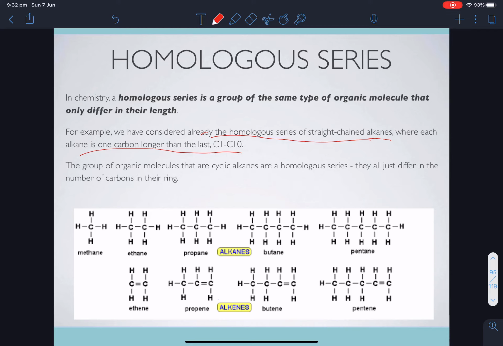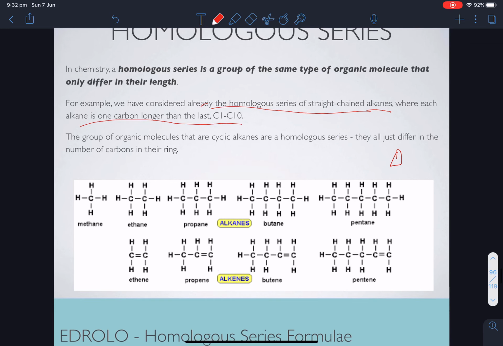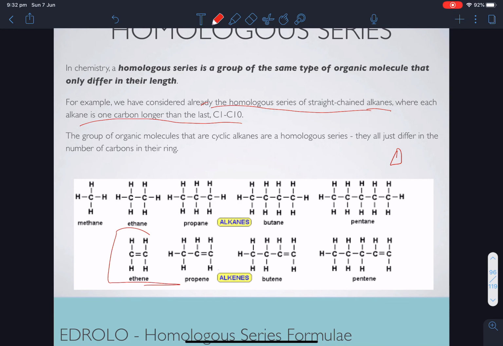So you can't talk about cyclomethane, that won't form a cycle, or cycloethane, but we can talk about cyclopropane, to form a triangle, cyclobutane, cyclopentane, cyclohexane, cycloheptane, cyclooctane, cyclononane. I think they're getting a bit big there, and they tend to fall apart and not be stable. They're much rarer.